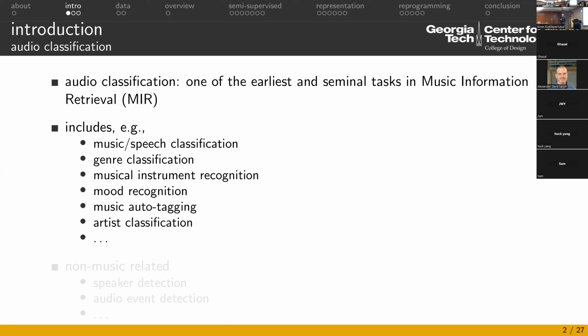And then in the 2000s, there were actually many people working on classifying genre, musical style automatically. And then moving further, there are other classification tasks like detecting what instruments are playing at what time in a musical signal, detecting the emotional content of a musical signal, doing automatic tagging for music signals, and classifying what artist is playing or singing, etc.